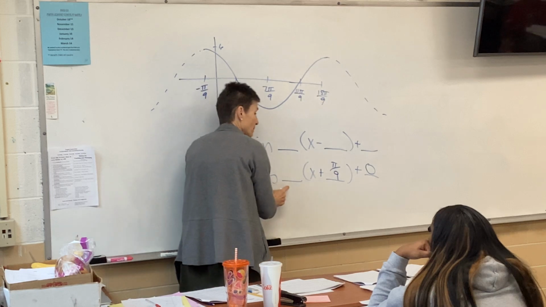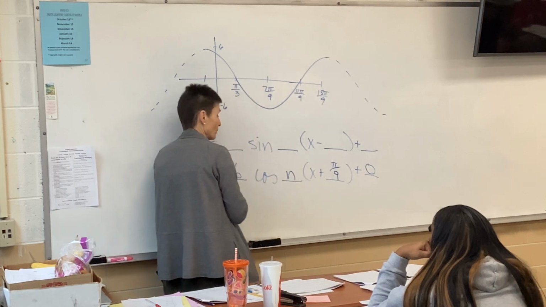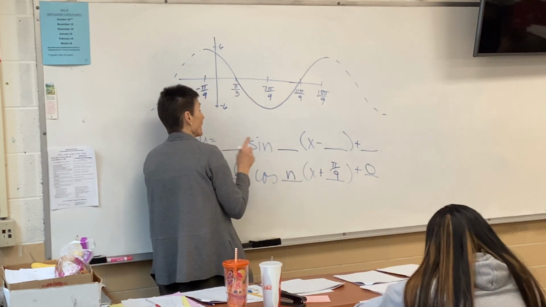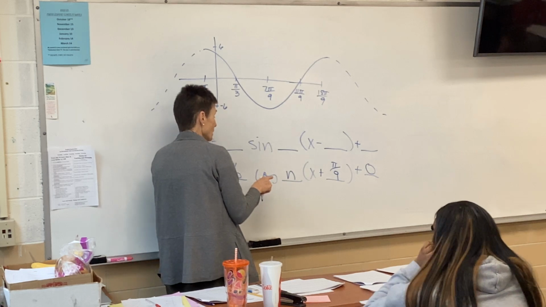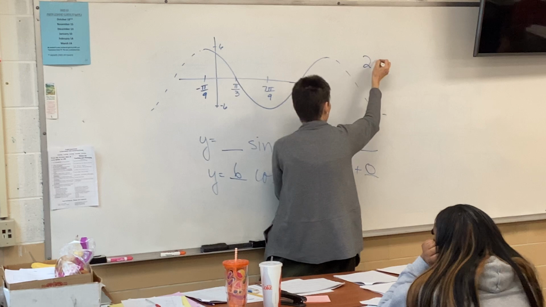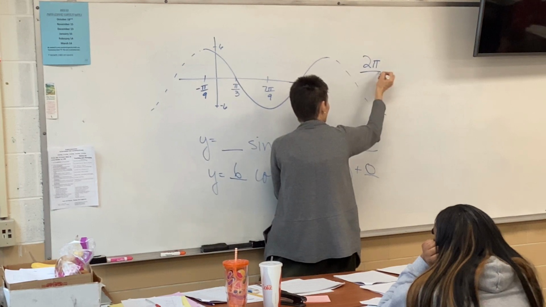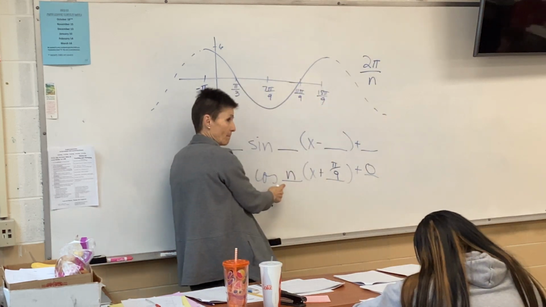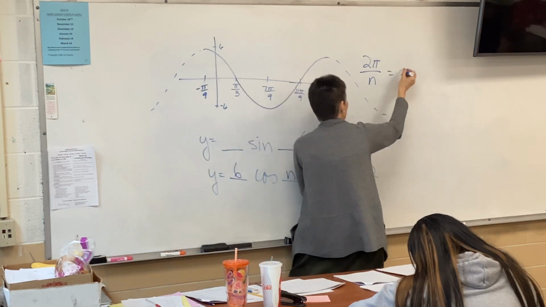Now I have to find the period. I don't know what that number is right there. But I know that the normal period is supposed to be 2 pi, but if I divide it by this number, it gives me my new period.